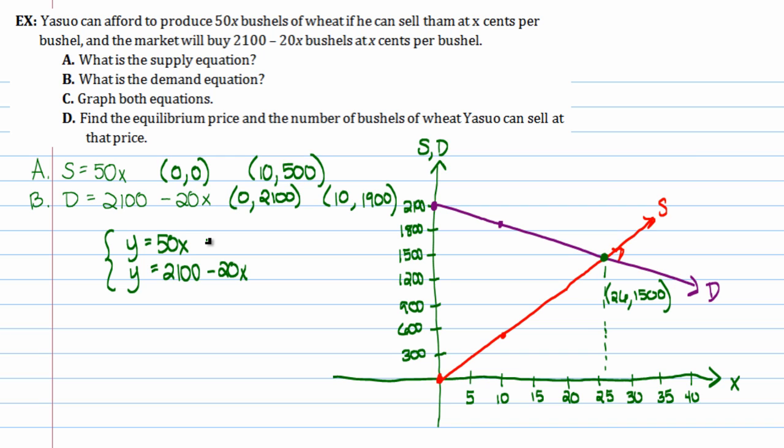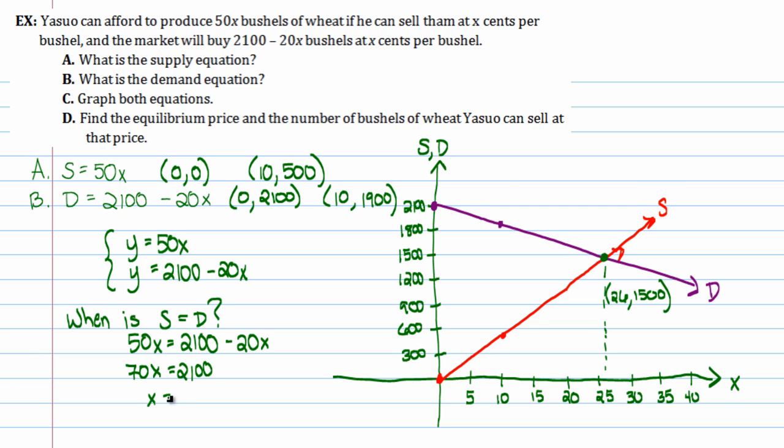Now, there is a way to determine the exact solution. The way we can do that is to say, I want to know when supply is equal to demand, because this is really what the question is asking, part D. Well, replace the letter S with 50x, replace the letter D with 2100 minus 20x, and then add 20x to both sides, so you get 70x equals 2100.